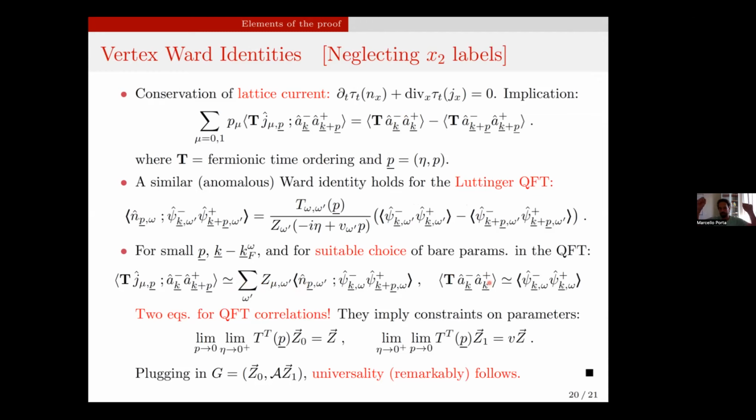You tune the parameters of the Luttinger liquid so that the correlation functions have the same singularities. Once you have that, you realize that the two equations are actually two equations for the same objects. The second one is an equation purely for the Luttinger liquid QFT. The first one is an equation for the lattice model, but if you plug this asymptotic result into the first equation, you end up with two equations for the same correlators, which are the correlators of the Luttinger liquid.